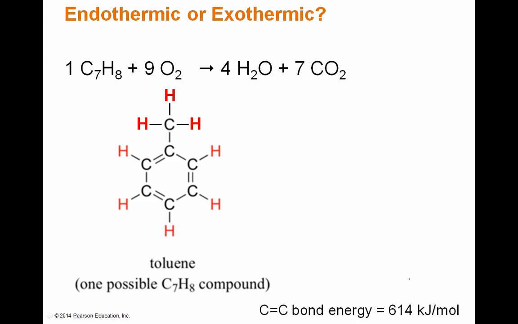Also at the bottom right here, you'll see that the C to C double bond energy is 614 kilojoules per mole. You'll need this in addition to that chart on the other page. So break it down and give it a try. If you want to email me for extra credit, you're definitely welcome to do so.